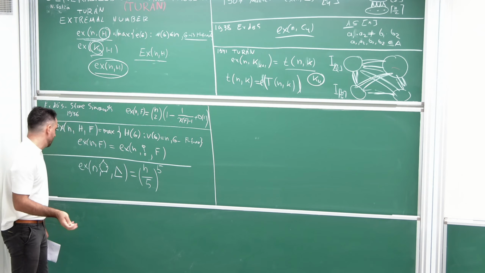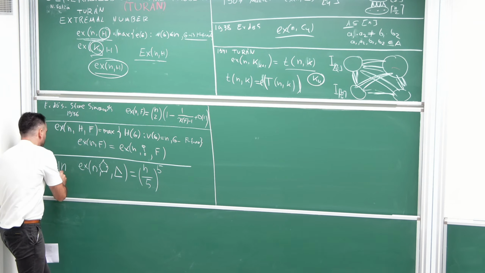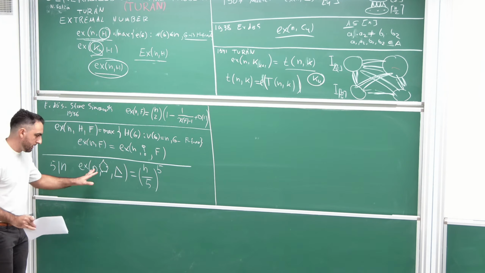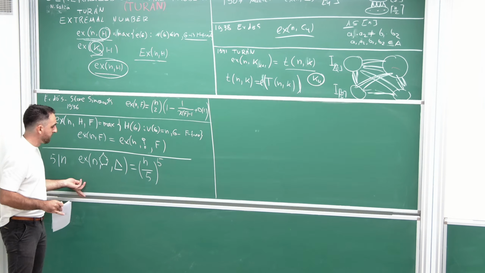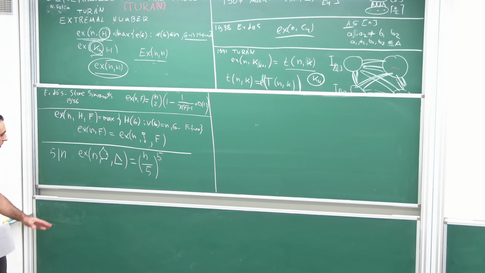I just assume that this can be for every n, but let me just write it for n divisible by 5, otherwise I would have to start writing the floors and ceilings. So just to be simpler, I'm speaking about this. This was the conjecture, and the construction was the following.